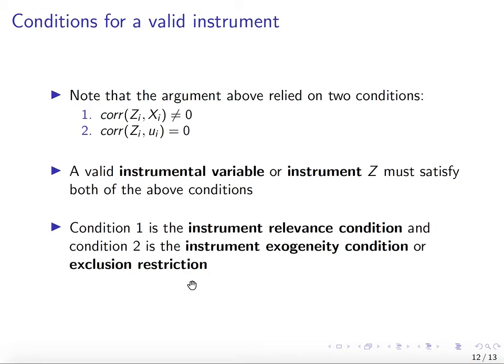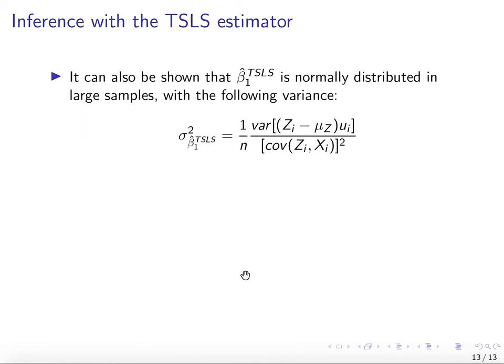Now, as I said, you can never prove that you're respecting the exclusion restriction, so you defend the use of an instrument and claim that it is valid by listing the obvious ways by which you may think the exclusion restriction is not respected. But if nobody can come up with a mechanism through which Zi may impact probability of war through something else than Xi, then it's more likely that you have a valid instrument.